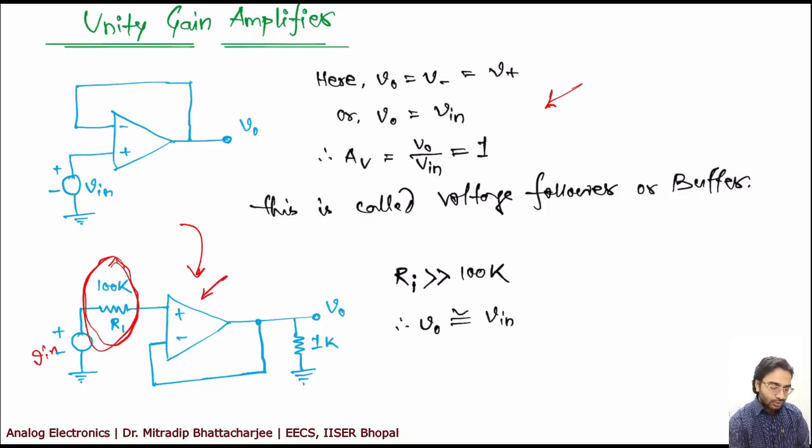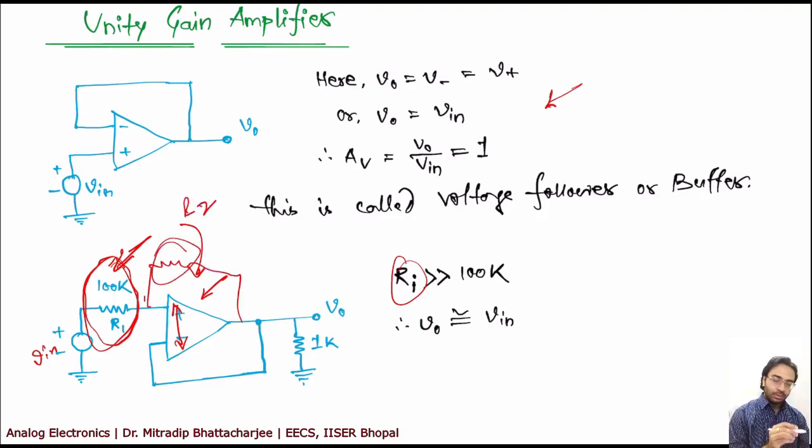The condition should be that your Ri, whatever is appearing here, should be much greater than 100k. I also said previously that in case of feedback, you just cannot increase your R2 value the way you want.